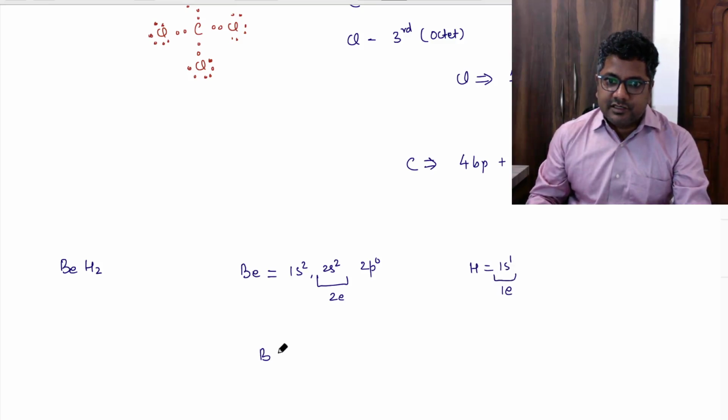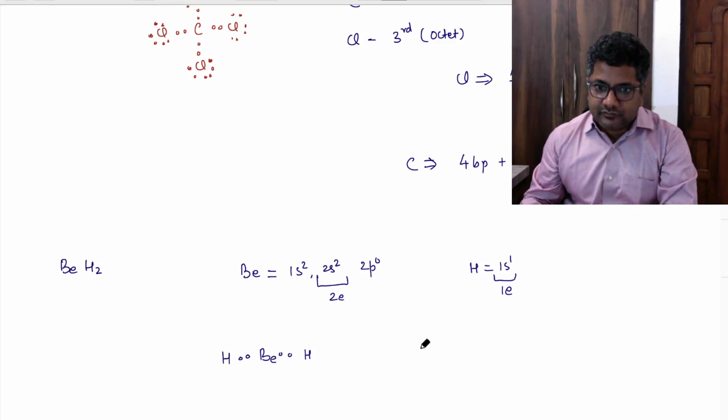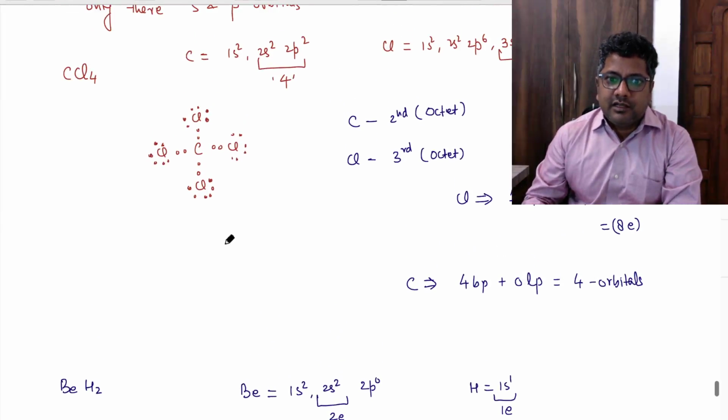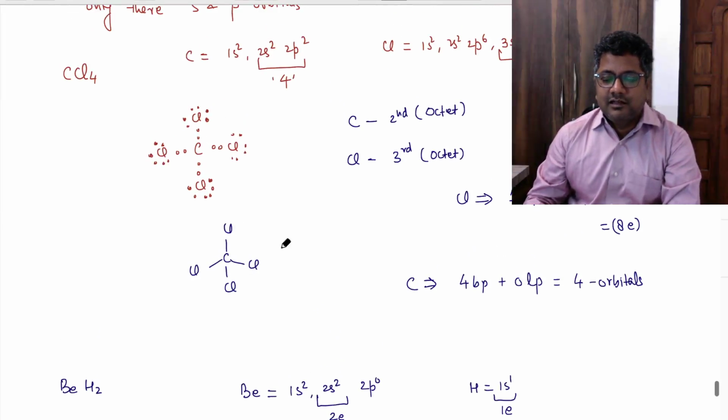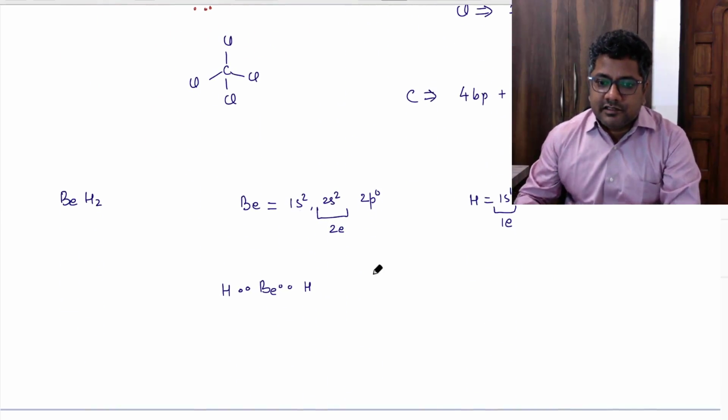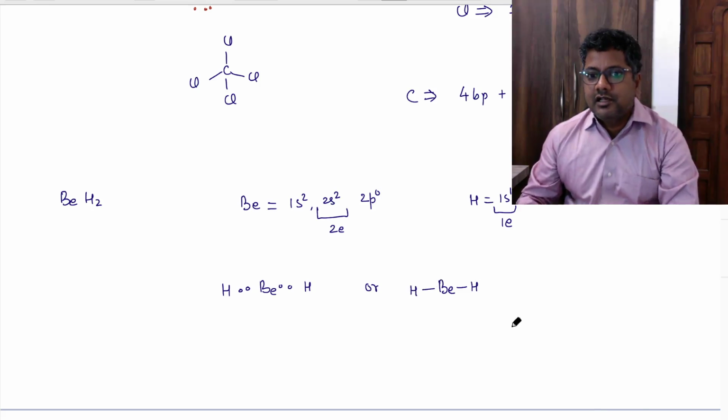So its Lewis structure is like this: BeH2 and 2 electrons here. Now see, one more point: you can also represent the bonds like this, and now you can visualize the things, right? See, this you can write like this or BeH2, right?